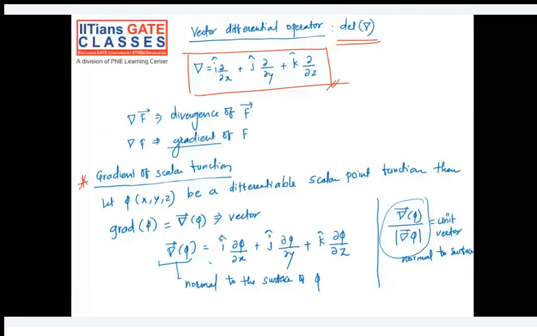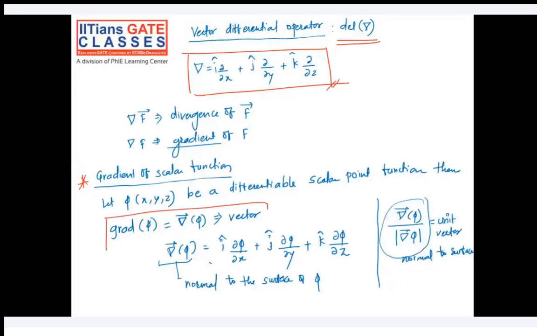Let's understand here: if phi is a differentiable scalar point function, then the gradient of phi is denoted like this, del bar of phi. We write del bar because we are using i, j, k here. Phi here is like a temperature field.